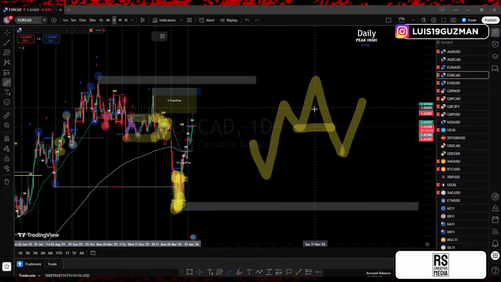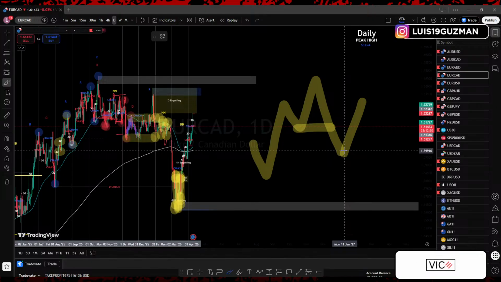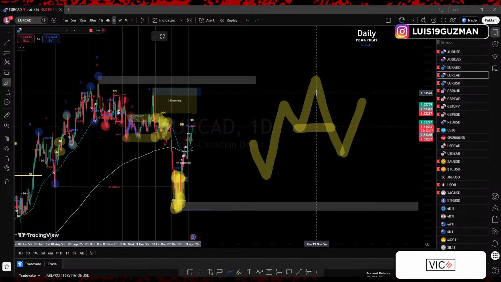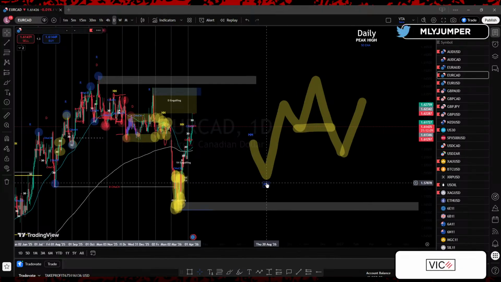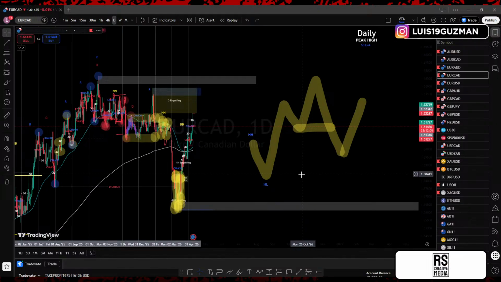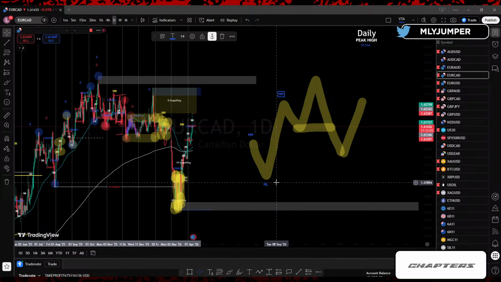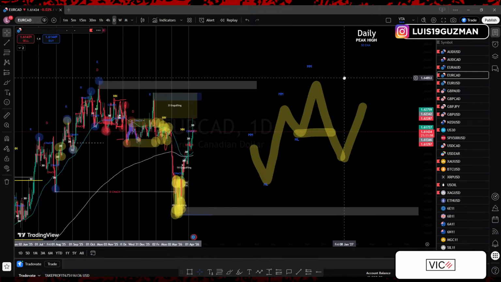On the daily time frame, again, the daily is yellow. On the 30-minute time frame, let's mark it up like this as well. Higher high, higher low, higher high, higher low, higher high.